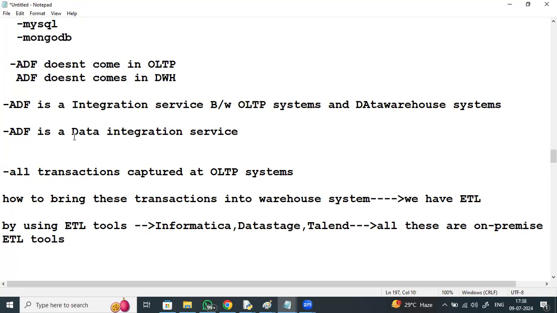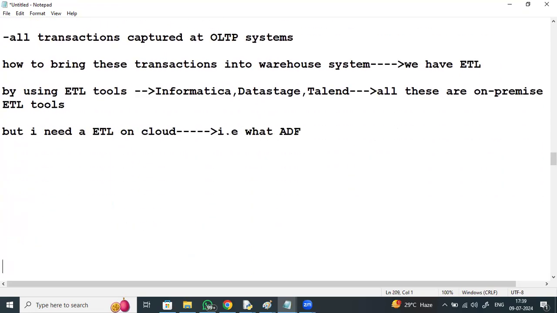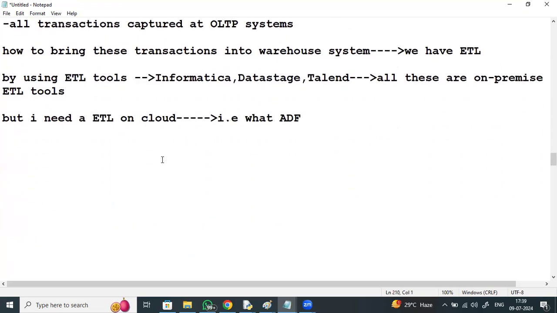All these are on-premise ETL tools. But I need an ETL on cloud. That is what? ADF.